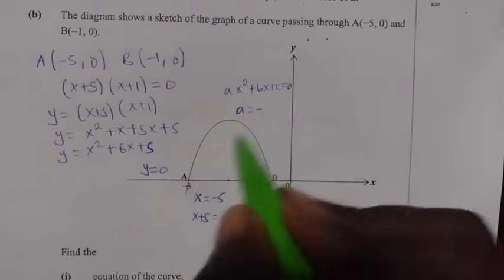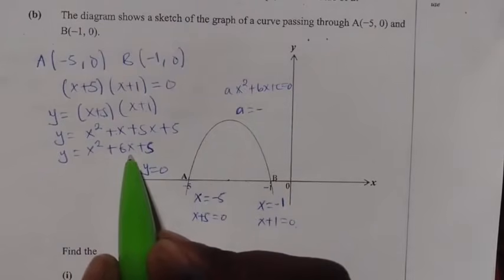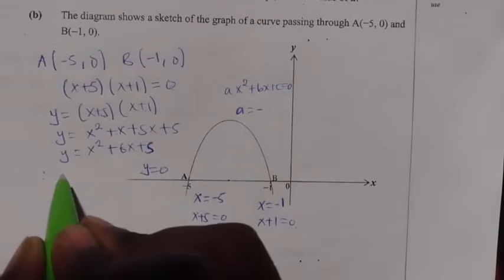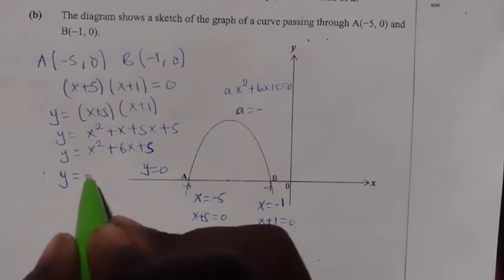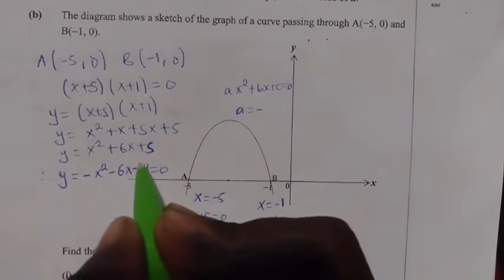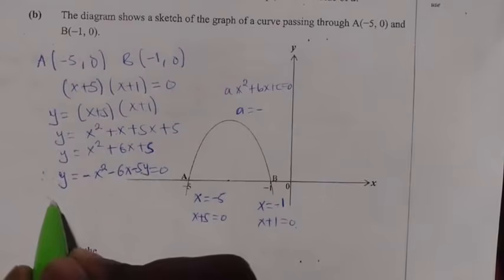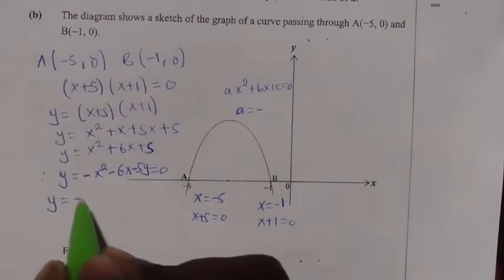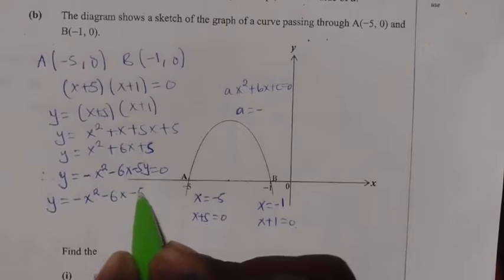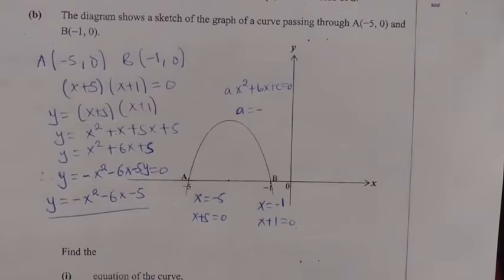So this equation, we are going to multiply it by a negative. Therefore, y equal to -x squared minus 6x minus 5. So this is our answer. Let me just write it nicely here: -x squared minus 6x minus 5. So this is our equation.